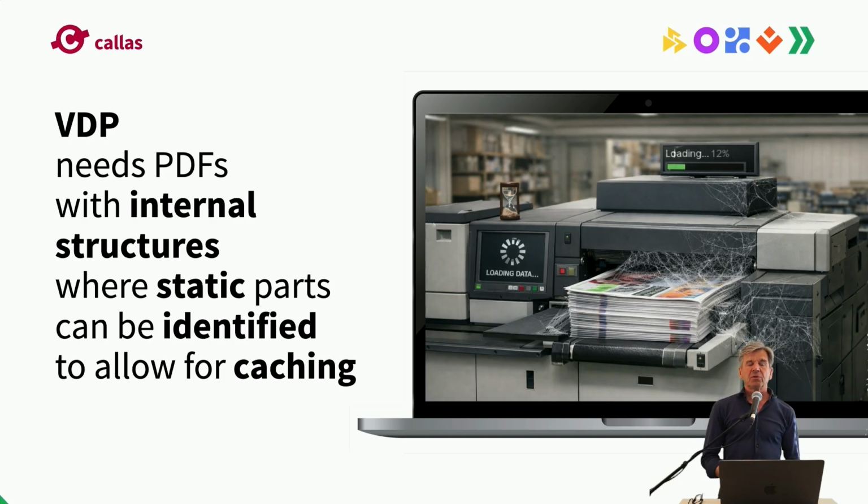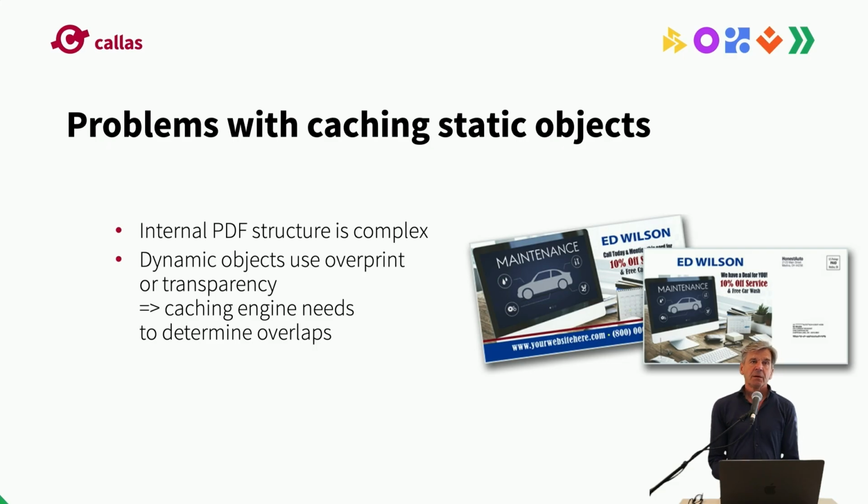And only because that is the case, variable data print is possible with the speeds that we currently see. But it requires that the DFE can differentiate between what is static and what is dynamic. If the DFE couldn't do that, then it would still have to reprocess all the pages. And DFEs are actually quite smart these days, so they can do that.